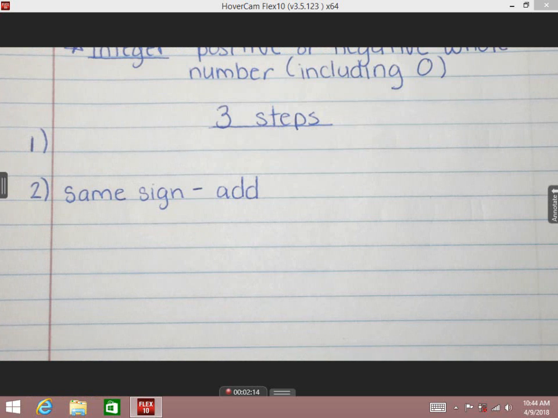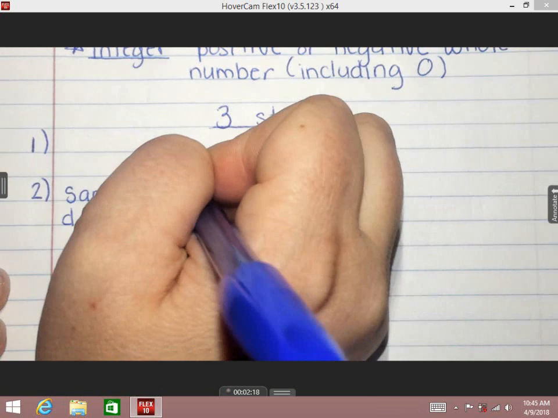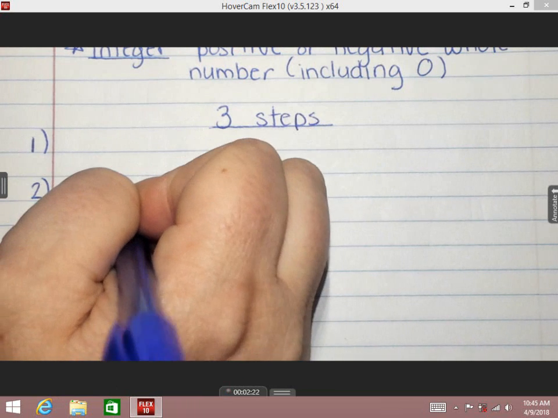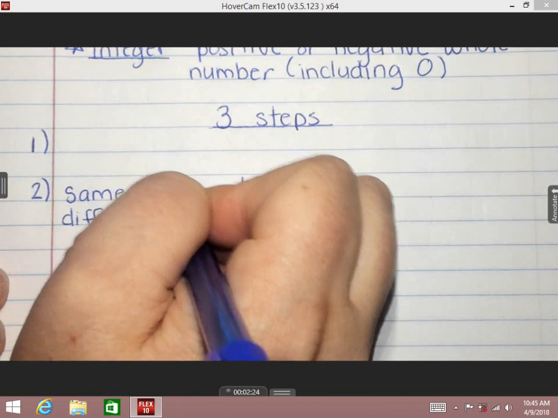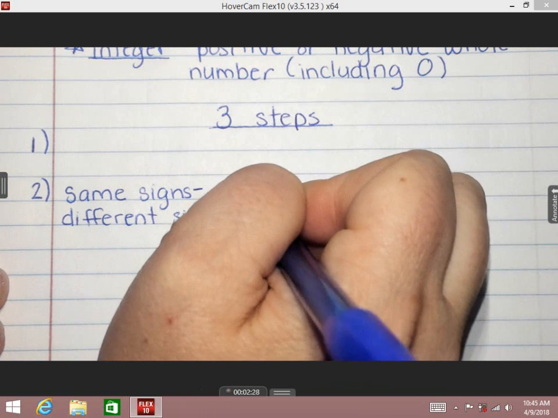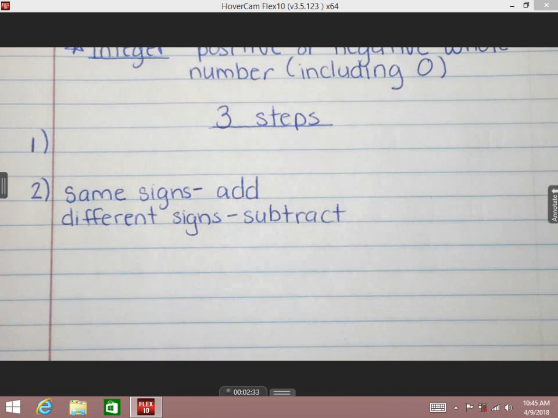If they have different signs, I'm going to subtract them. So no longer do I just get to look in the middle. From now on, I've got to look at the whole problem and decide, do my numbers have the same signs or do they have different signs?